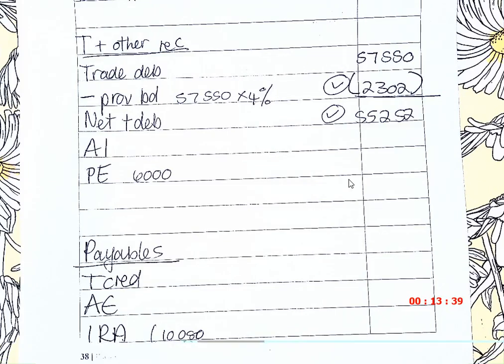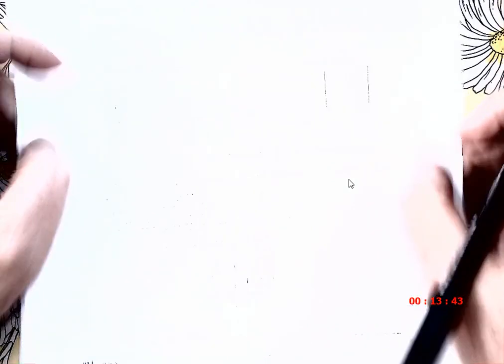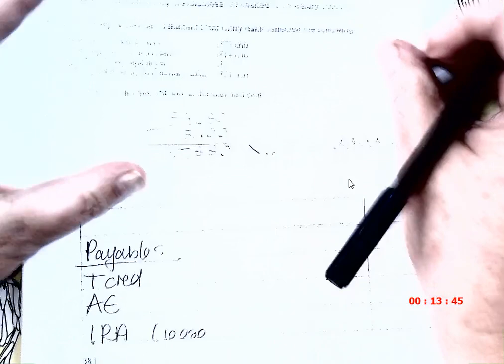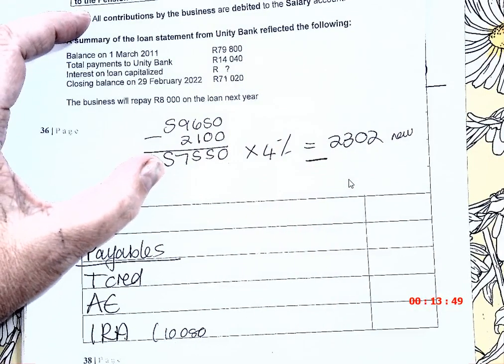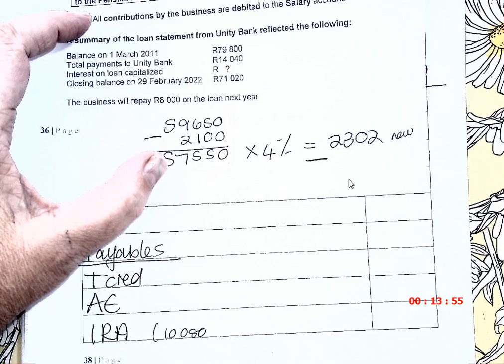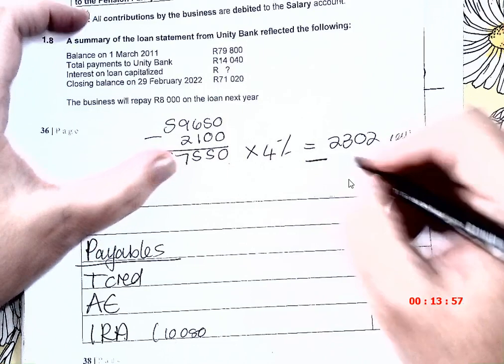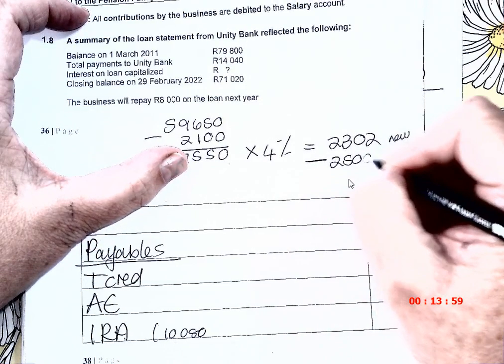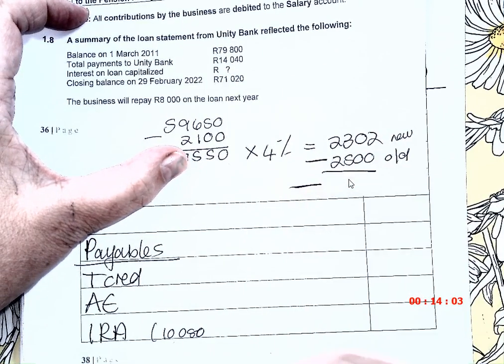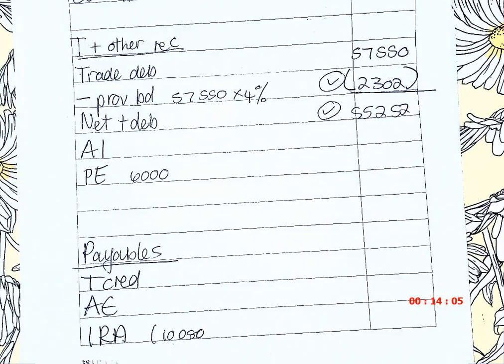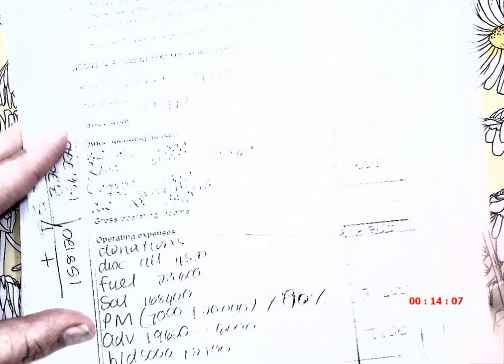So now let's look. Now they say, what was the old one? So I go look, what's the old one? The old provision. I can't find it. 2525, yeah, 2525 is the old one. Okay? So my answer is going to be negative. So immediately I know it's an income. So I'm going to put it in there.